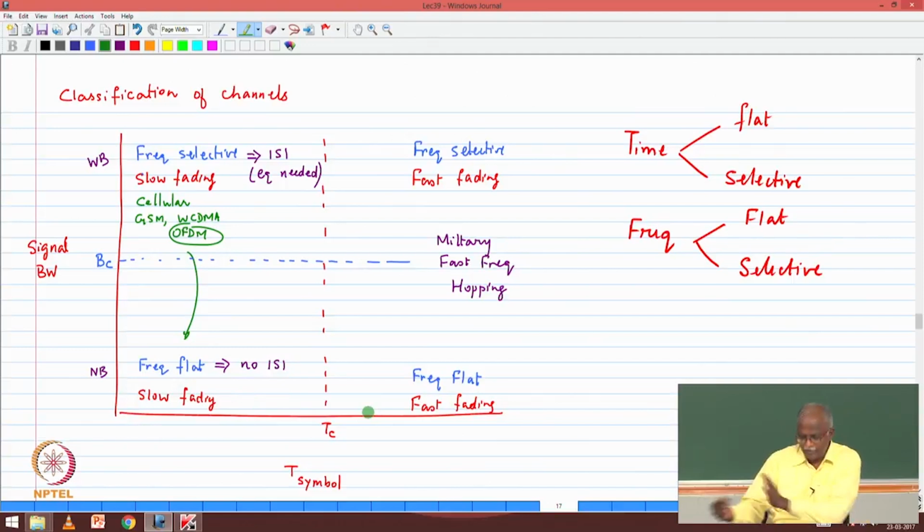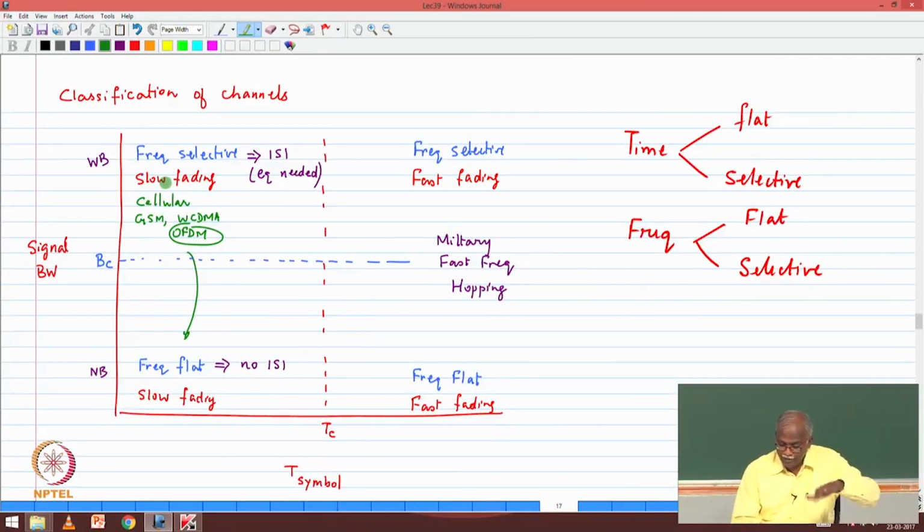If it does not satisfy that, it becomes fast fading. Now, if the signal bandwidth is much less than the coherence bandwidth, the frequency range over which the frequency response is correlated, then it becomes a frequency flat fading channel. Frequency flat means the frequency response is flat, the impulse response is a delta function, so there is no intersymbol interference. So that's a desirable element to have.